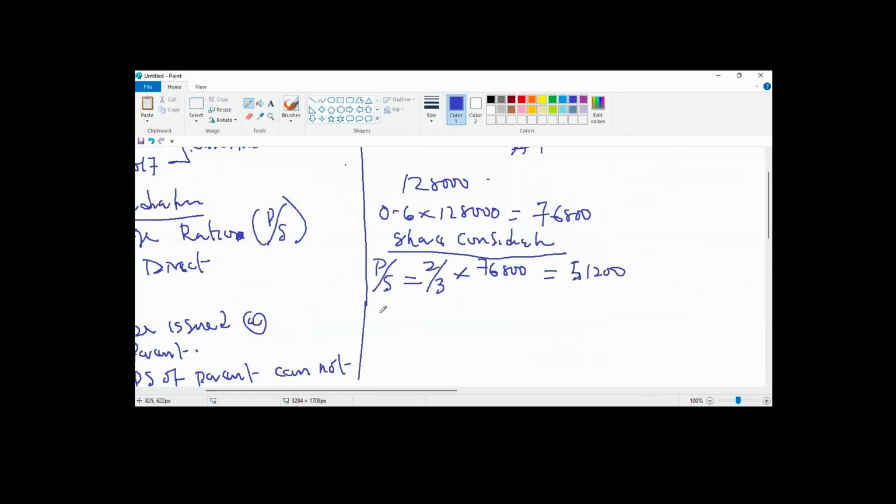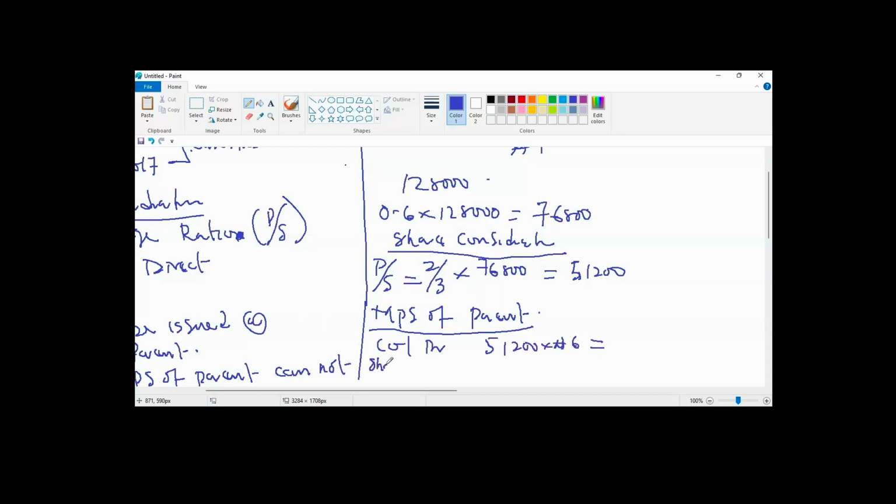It must be issued at the market price per share of the parent, unless the market price per share of the parent is not given. Did they give us the market price per share of the parent? Yes, 6 naira. I will now say cost of investment to be debited: 51,200 times 6.